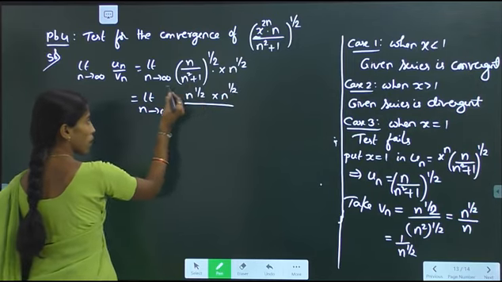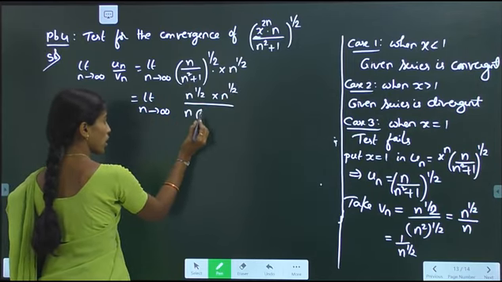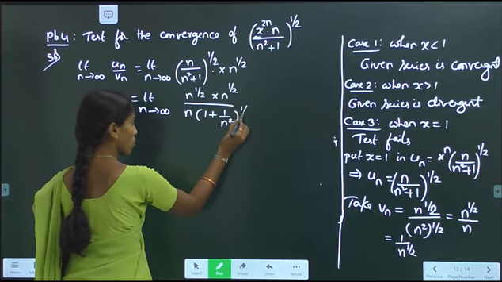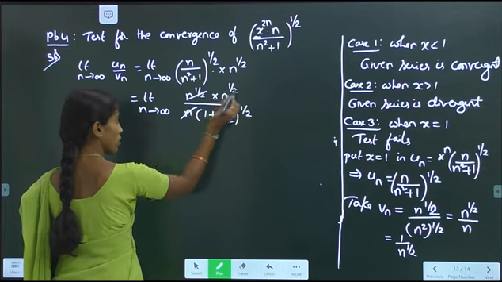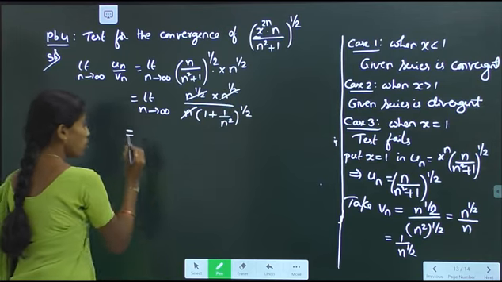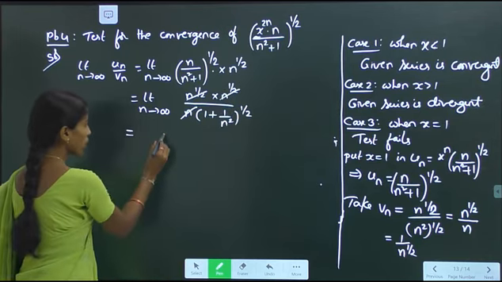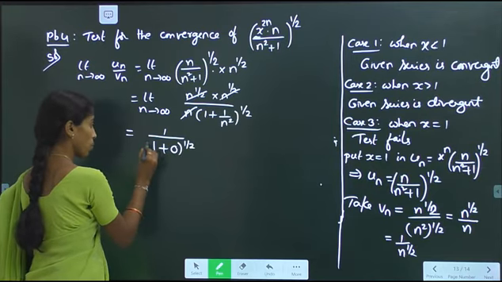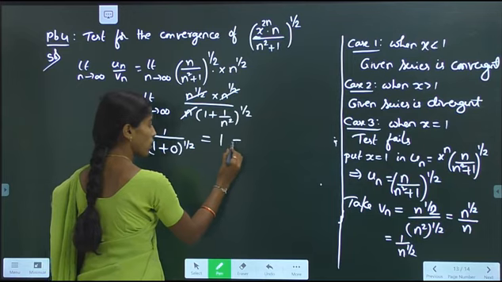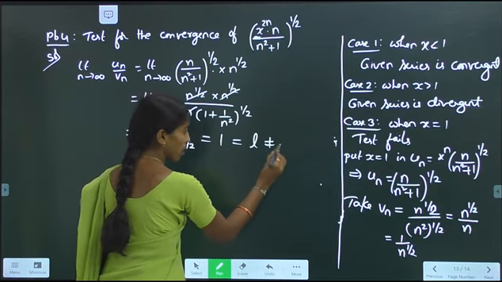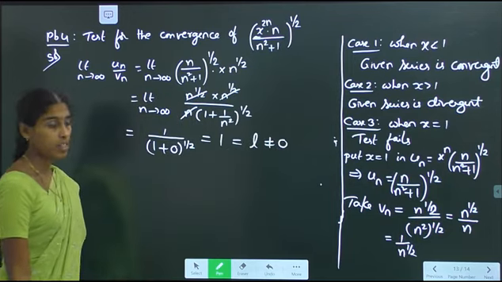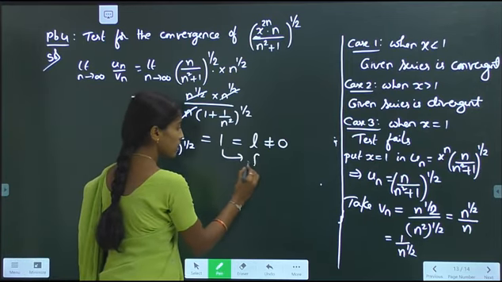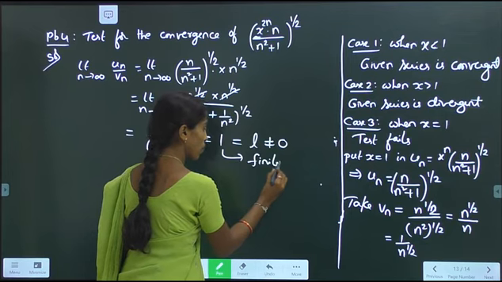Taking common n square from the denominator, it becomes n. (1 plus 1 by n square) whole to the power 1 by 2. This cancels with the numerator. Now as n tends to infinity, 1 by (1 plus 0) whole to the power 1 by 2. Value is 1. Because we are applying the limit form of comparison test, here L value is not equal to 0 and it is a finite value.